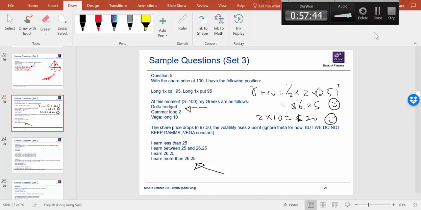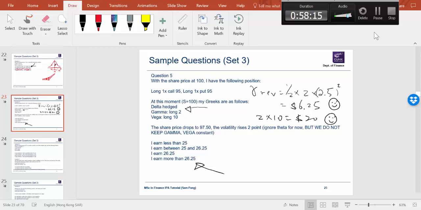But volatility rises, and gamma can drop, according to the convexity and gamma.